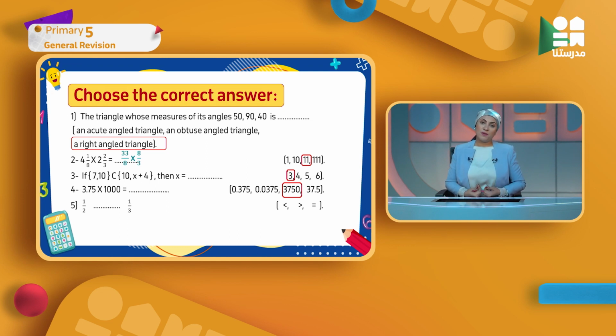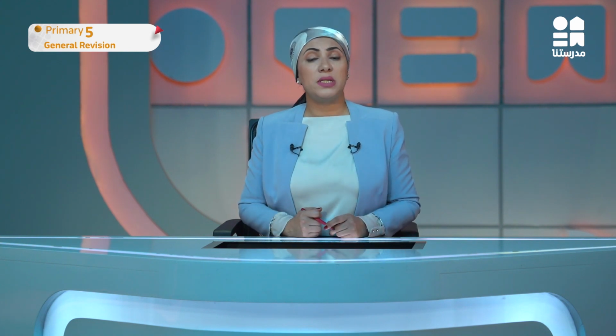If I have a common numerator, the fraction that will be bigger is the one whose denominator is smaller. Why? Because it means I will divide the whole number among fewer people, or fewer things. Exactly as if I have a whole pizza and I want to distribute it to 2 people, each of them will take a half. If I have 4 people and I want to distribute this whole pizza among the 4 people, then each of them will take just a quarter.